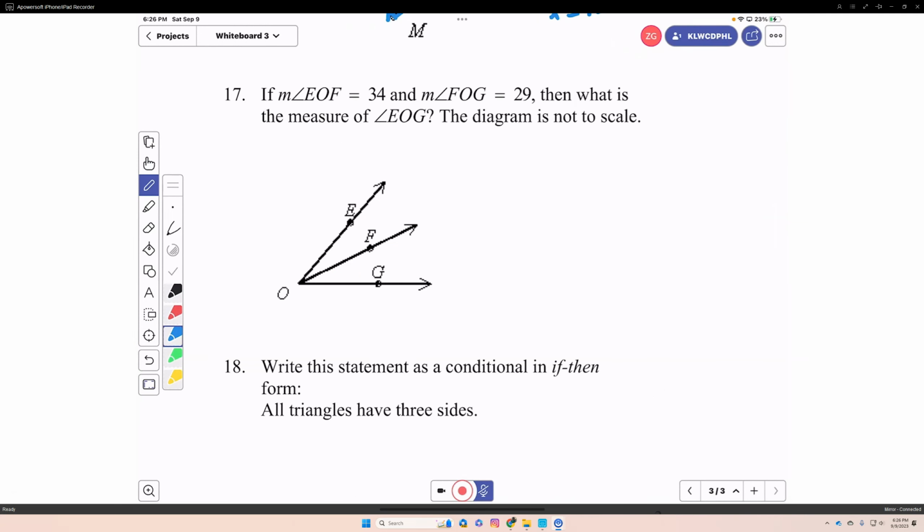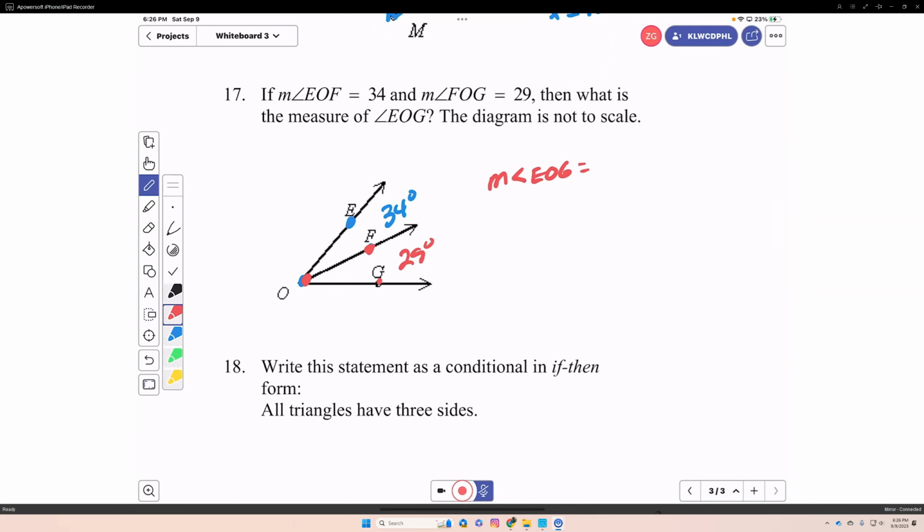If the measurement of angle EOF is 34 and the measurement of angle FOG is 29, then what's the measurement of angle EOG? Well, we know that the two smaller angles form the larger angle.